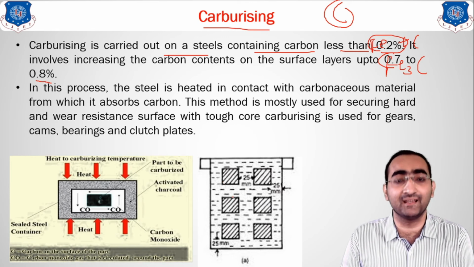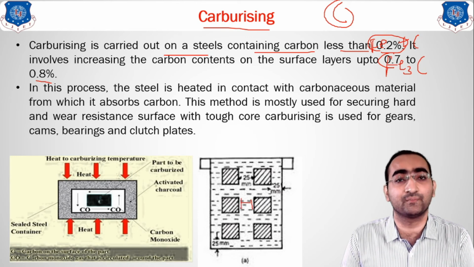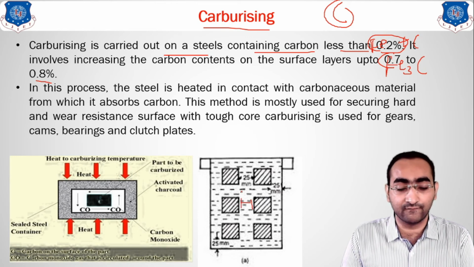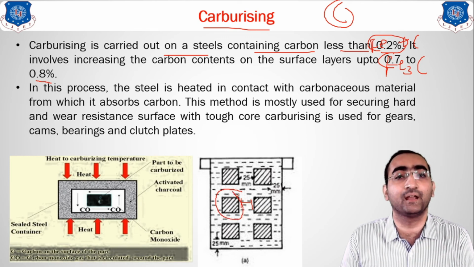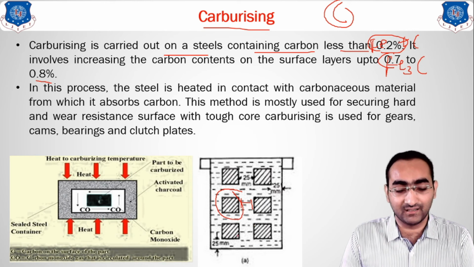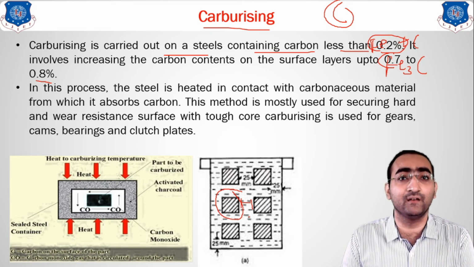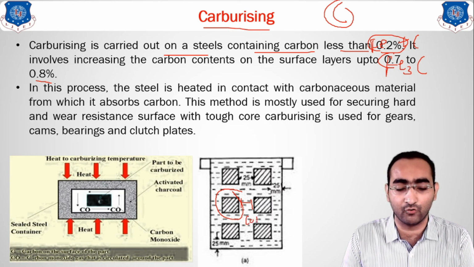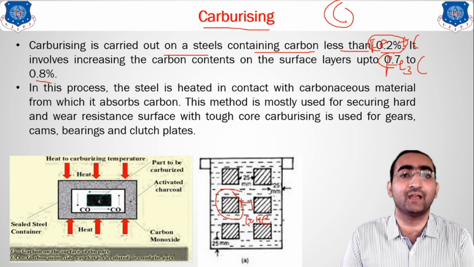Make sure there is a distance of 25 mm between two adjacent specimens, meaning on all 4 sides a 25 mm gap is always kept. Now around the sample we place coke, or any material in which carbon is present. Majorly we apply coke, and we place the sample in it.